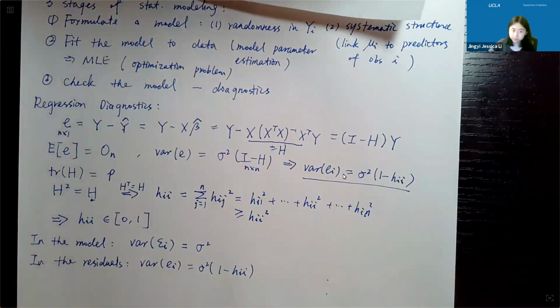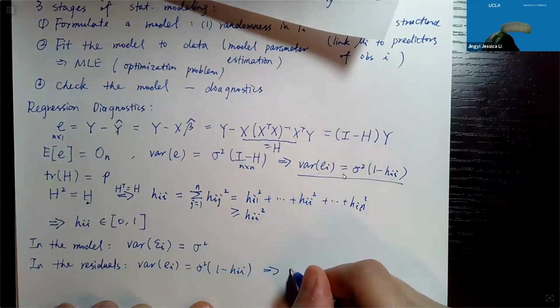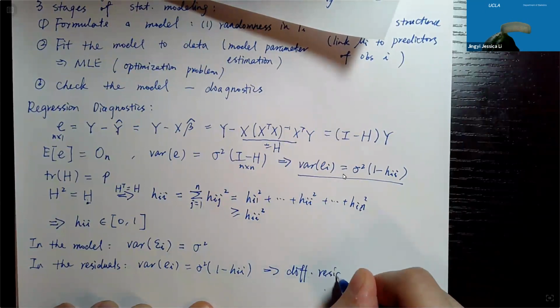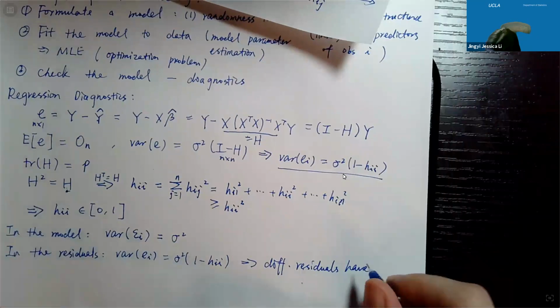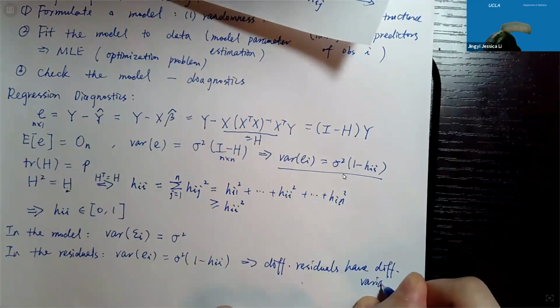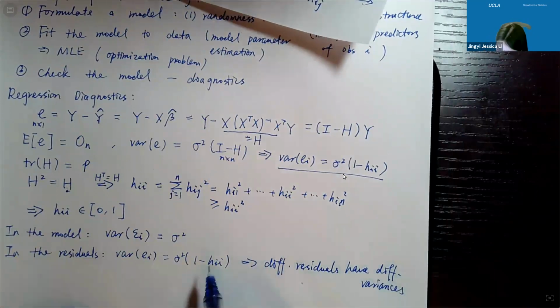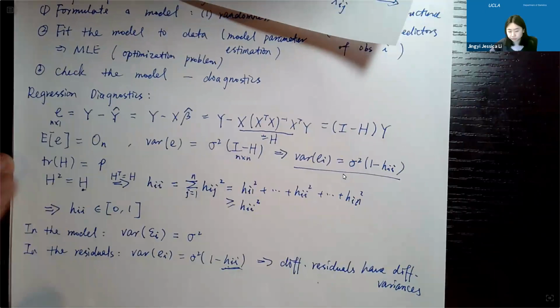This implies that different residuals have different variances. That's different from the random error term. And the variances depend on H_ii, that is the hat matrix.